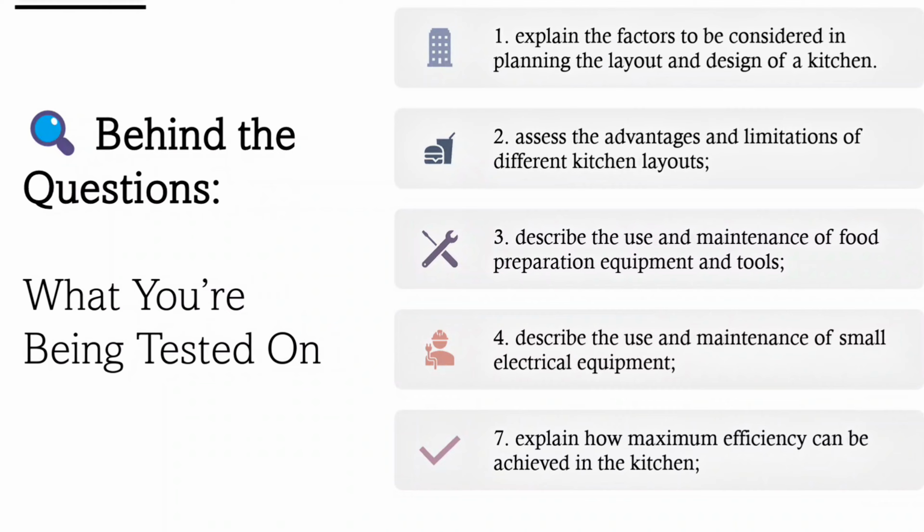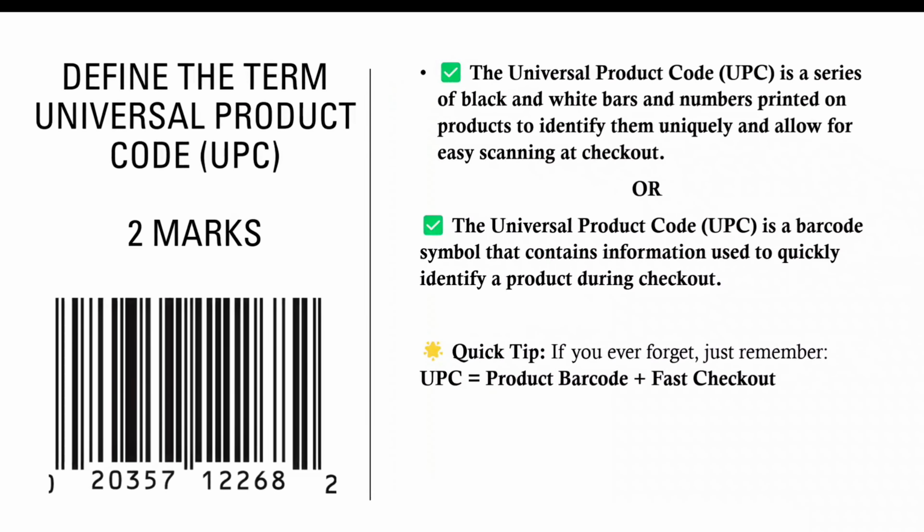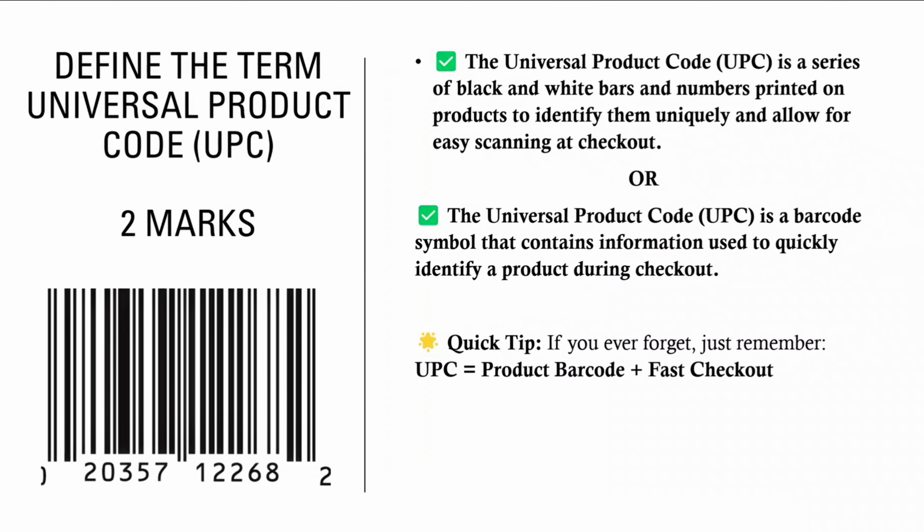All right, guys, now let us look at the ideal responses. The first one says, define the term Universal Product Code, UPC, and this is worth 2 marks. The Universal Product Code is a series of black and white bars or numbers printed on products to identify them uniquely and allow for easy scanning at checkout.